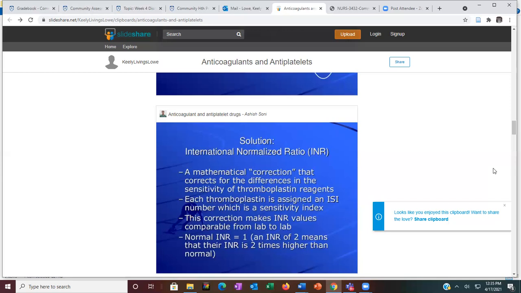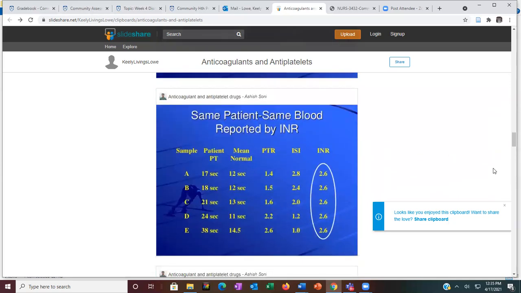So let's look at that. Let's look at the same patient and the same blood. So we've got the same patient, what the normal PT is, what the ratio is. So INR and all of those, when we talk about normalizing what the value of PT is, it's the same everywhere. Now, it's important to look at PT with the normal range, but also looking at INR can say this is the range we should be in.